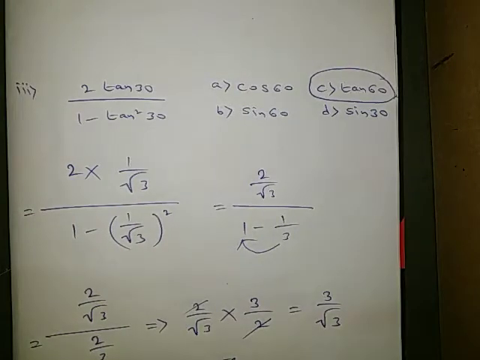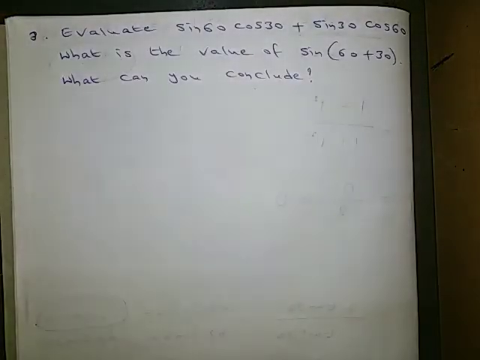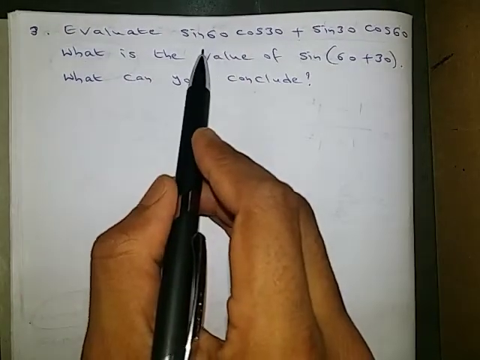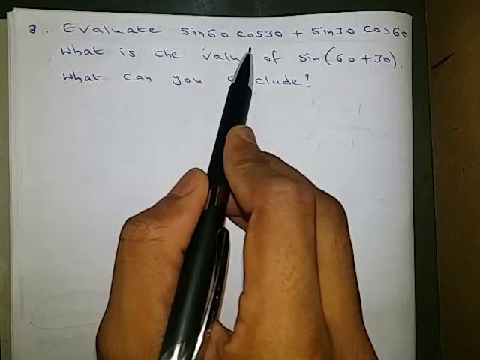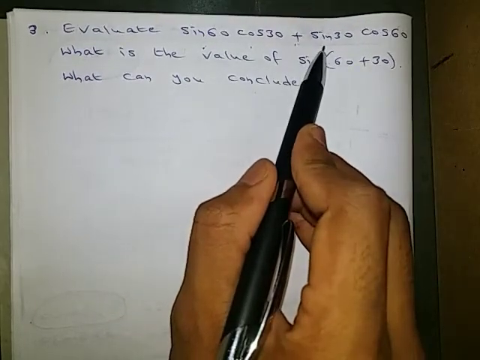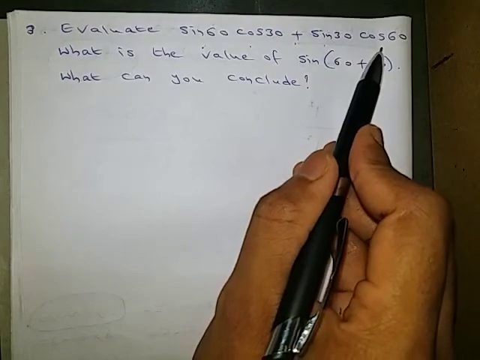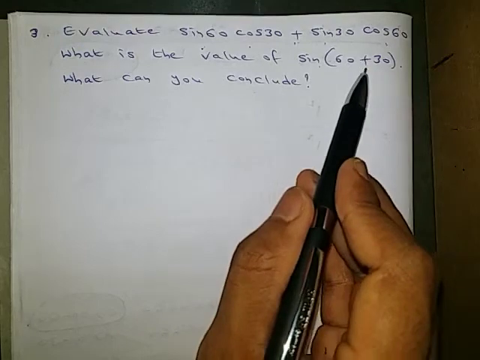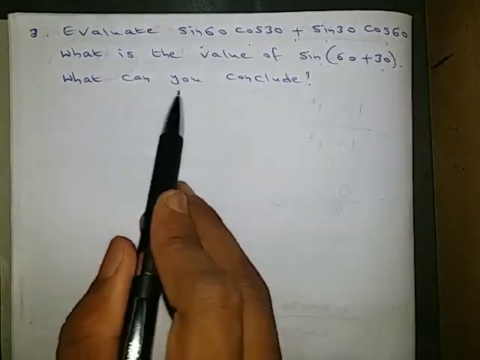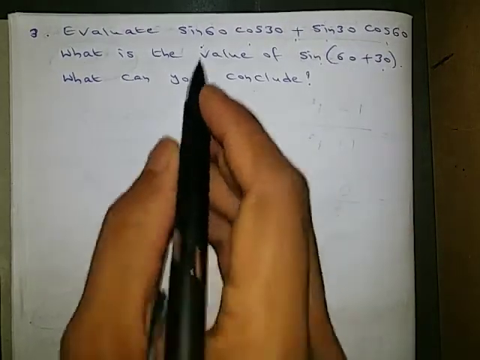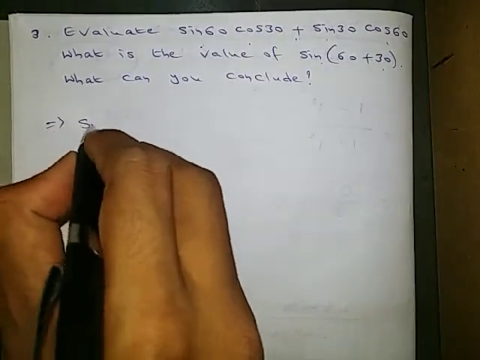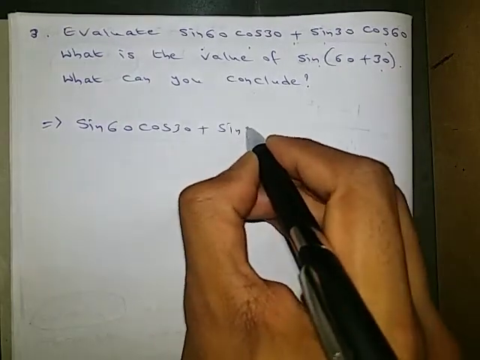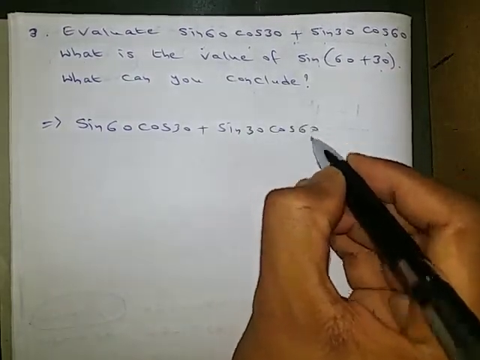Okay, let's move to the next question. Okay, the next question is evaluate sin 60 into cos 30 plus sin 30 into cos 60. Then what is the value of sin of 60 plus 30? What can you conclude from these two? So first I am going with the first one, that is sin 60 cos 30 plus sin 30 cos 60.